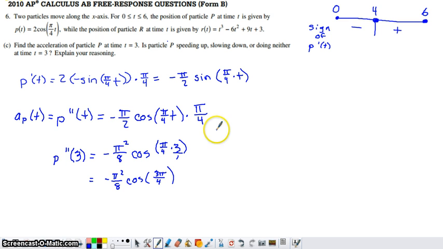Now it's a matter of figuring out what cosine of 3 pi by 4 is. If you use the unit circle to help determine this, find the angle 3 pi by 4. 4 pi by 4 would be clear from this point to this point, because that would correspond to pi.